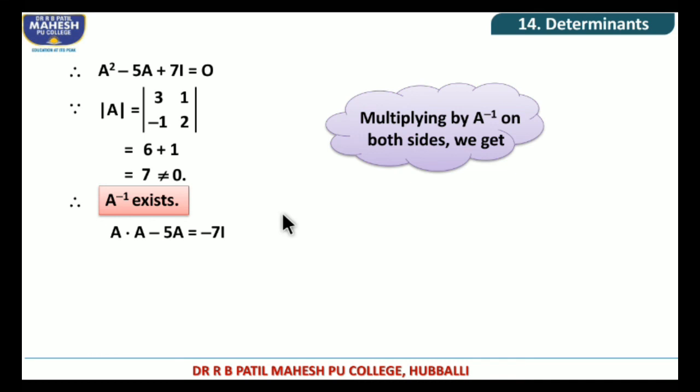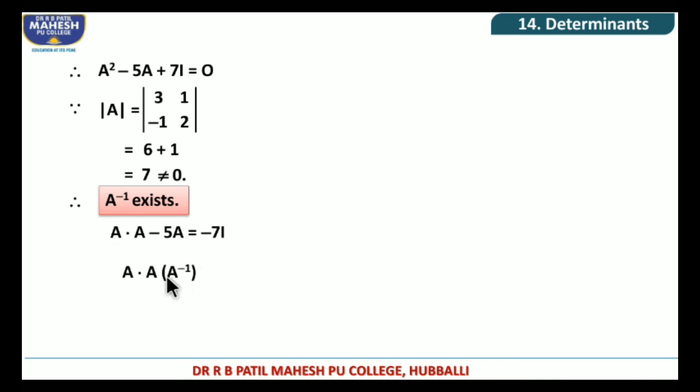Now multiply A inverse on both sides. So we have A into A into A inverse minus 5 into A inverse is equal to minus 7 into I into A inverse.